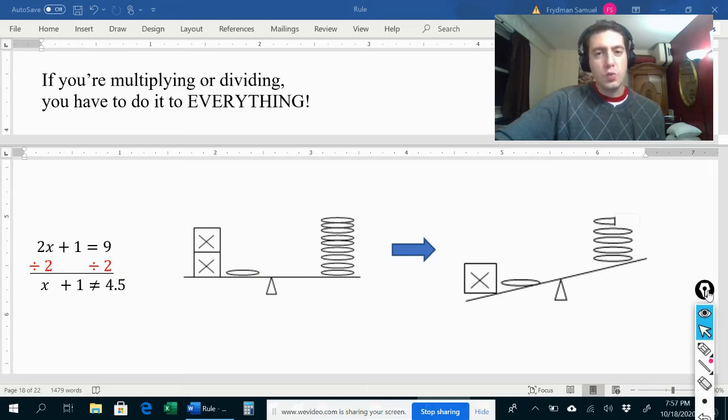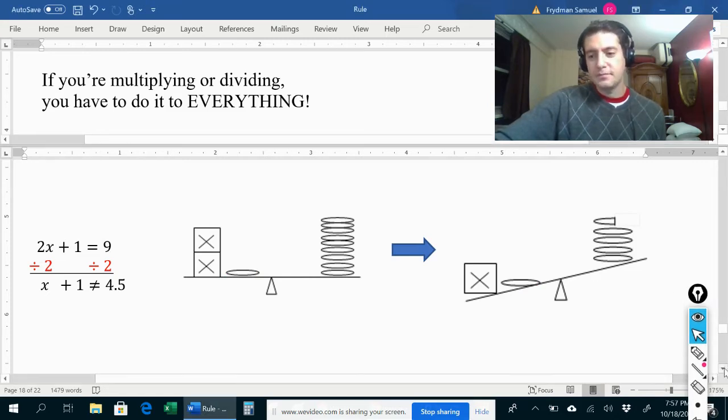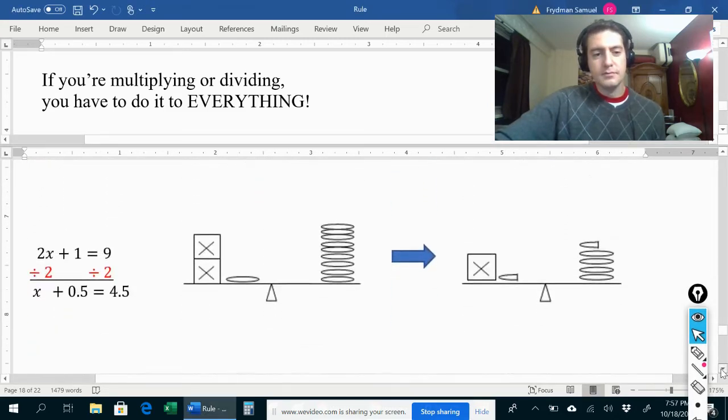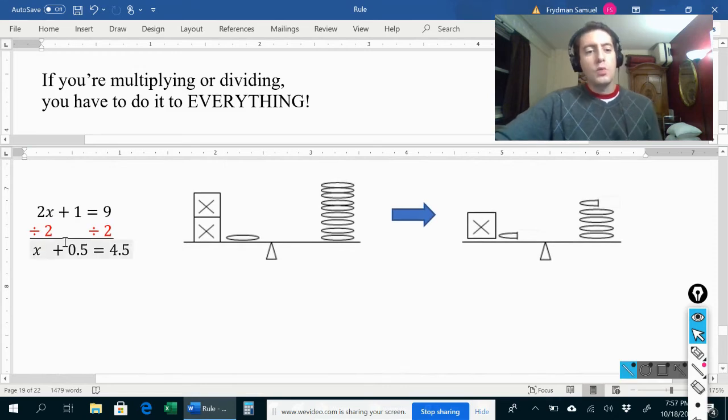Okay, so what should we have done there? When we divided this side by 2, and this side also, we should have divided everything in half. We should have cut the weight of everything that we saw in half. So again, this side was cut in half from 9 to 4.5.